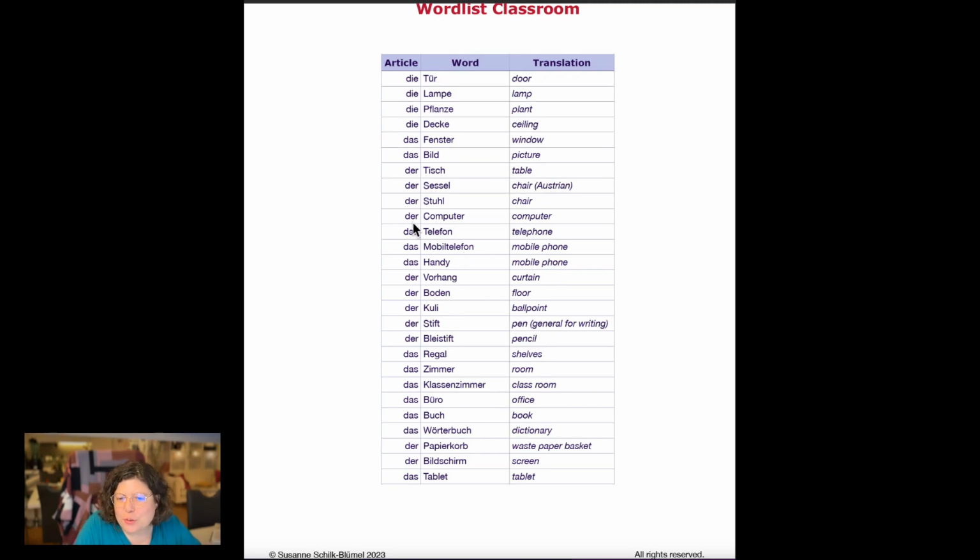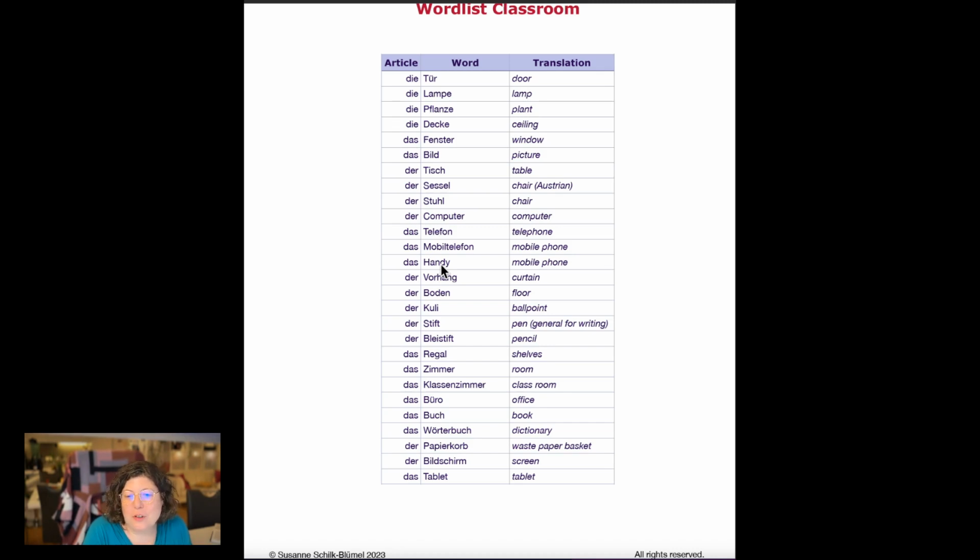Okay, before we go on to the next step, quick note. I'm sure you have noticed that there are three words that actually look English. Maybe you just thought two of them were English, the computer, tablet, but also handy. So before I go into handy, it is very usual to just take English words, particularly in the area of technology or computers or anything modern, so to say. And handy, however, seems to be a misunderstanding.